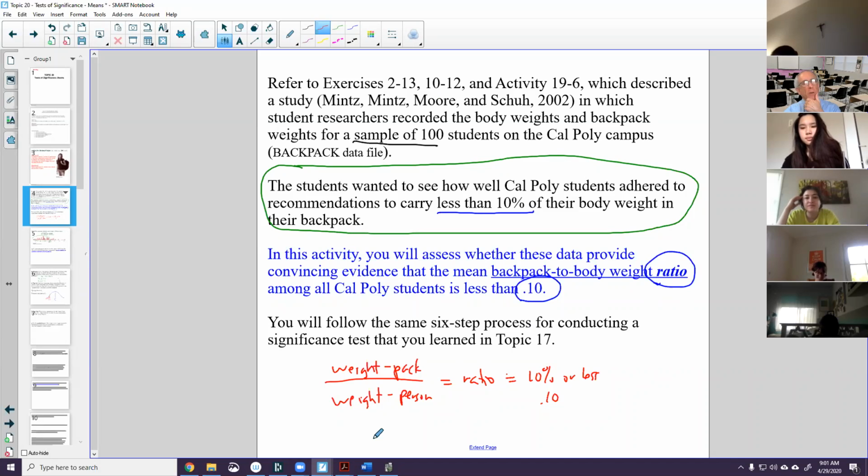So I guess what I would say is, I'm going to ask that question of Beth and see how she would respond to that. Because let's say we didn't have a test statistic to start with. You could pose the question and say, are they carrying more than 10% of their body weight, and have that as your alternative hypothesis?